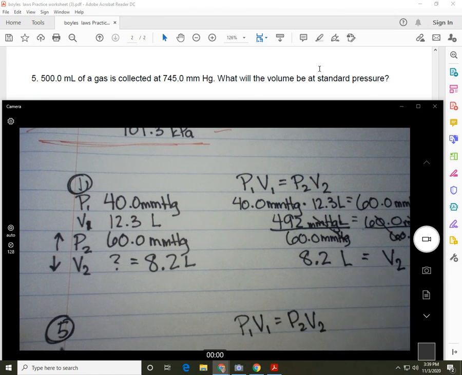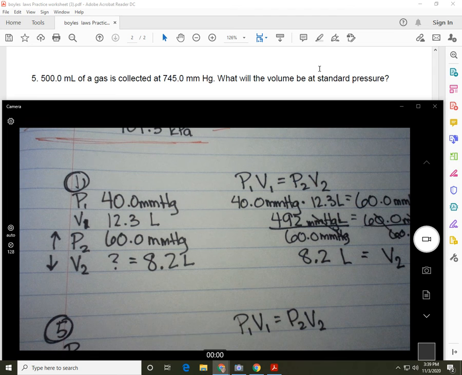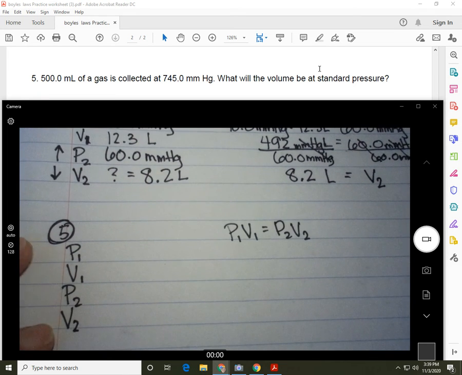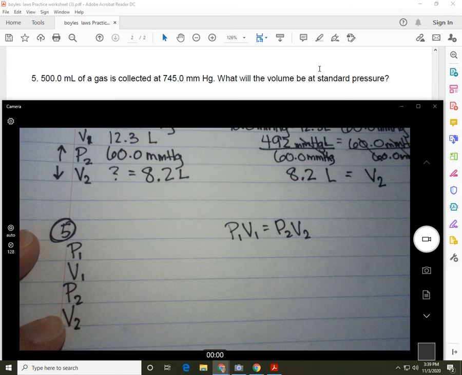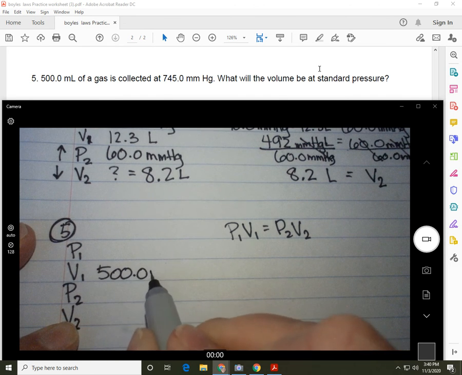All right, like I tell you all the time, I like to write down all my variables because that lets me know what I'm looking for, what I need, and what I already have. So I start with the first thing in the sentence, 500 milliliters. I know milliliters measures volume, so I'm going to say 500 milliliters is my first volume.